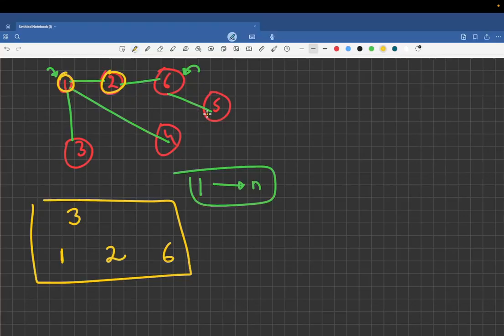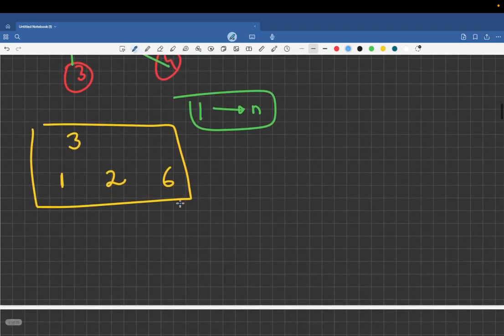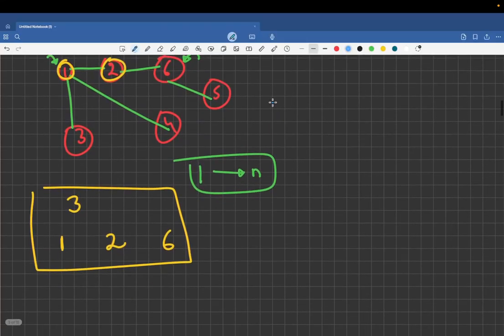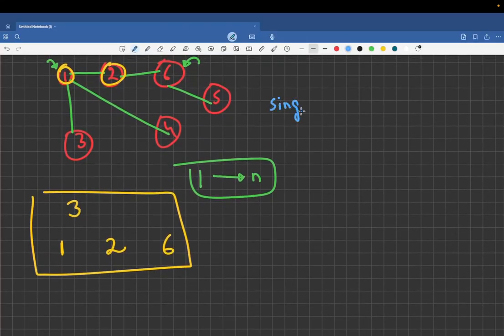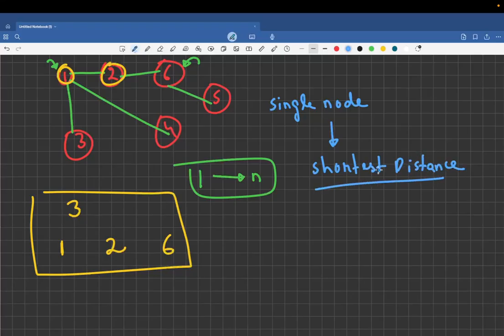Okay. So how can we solve this? Whenever you get questions like this, where from a single node you want to get the shortest distance to some nodes, what is the first thing that comes to our mind?